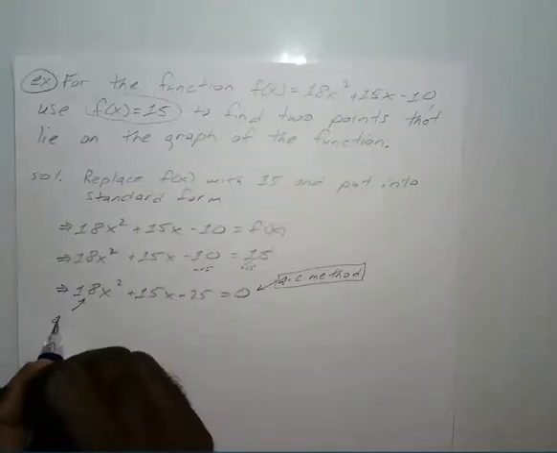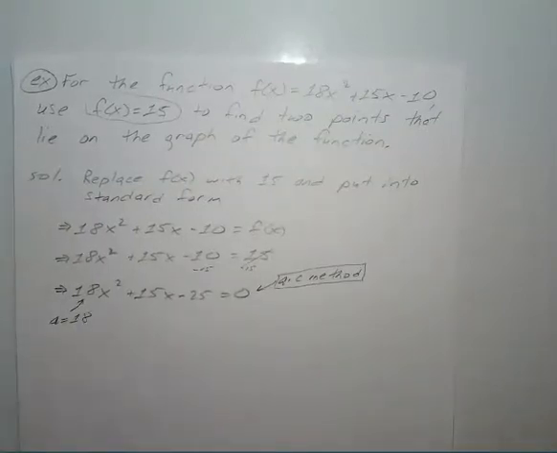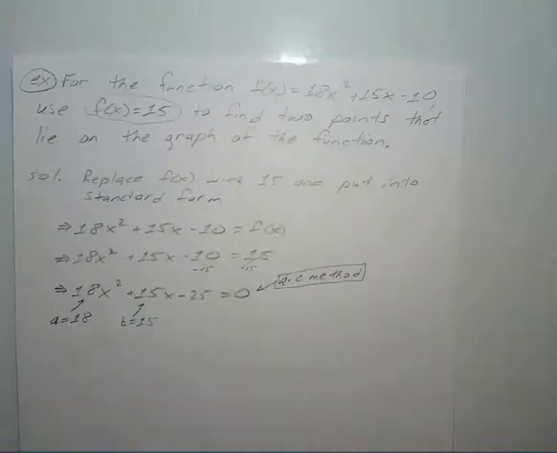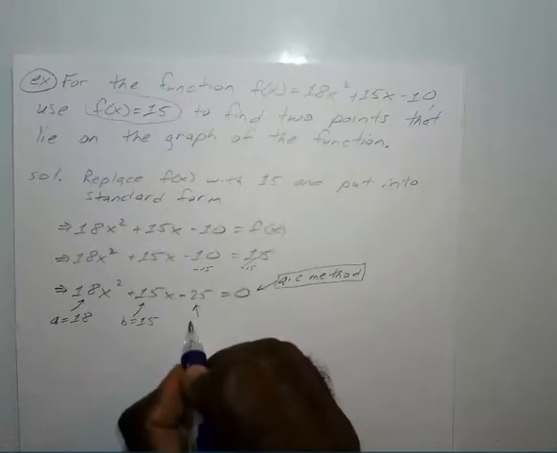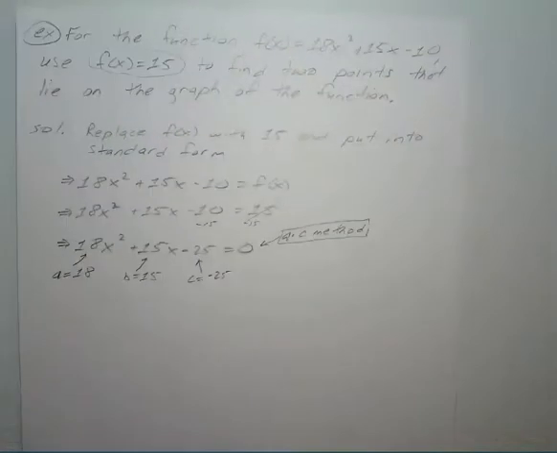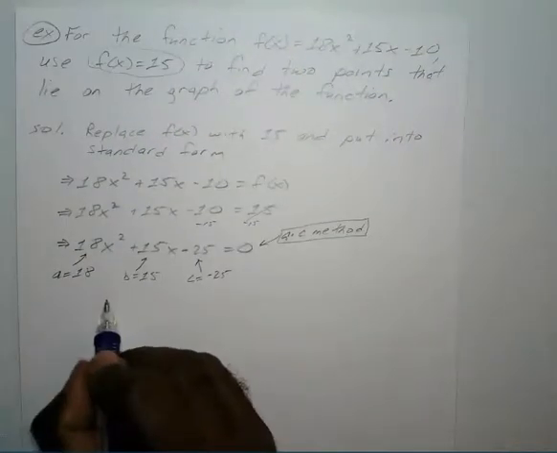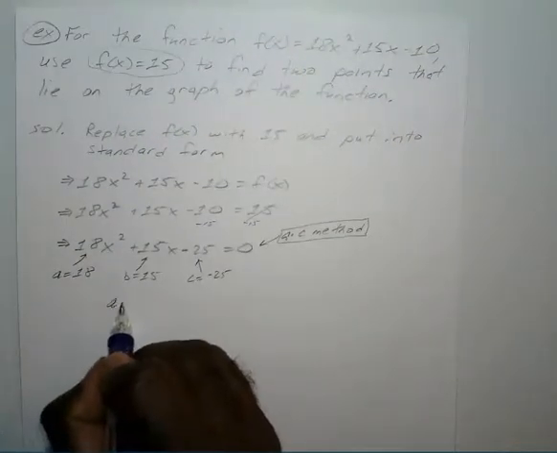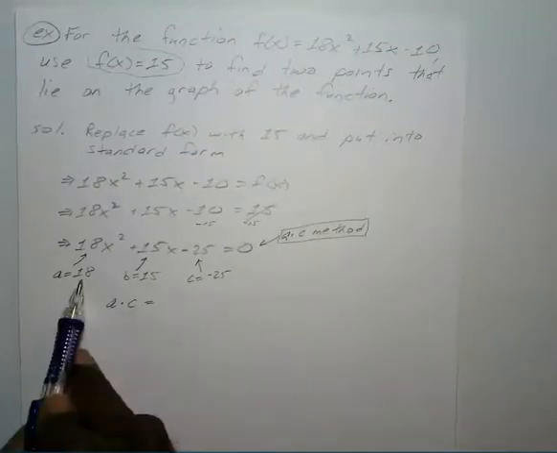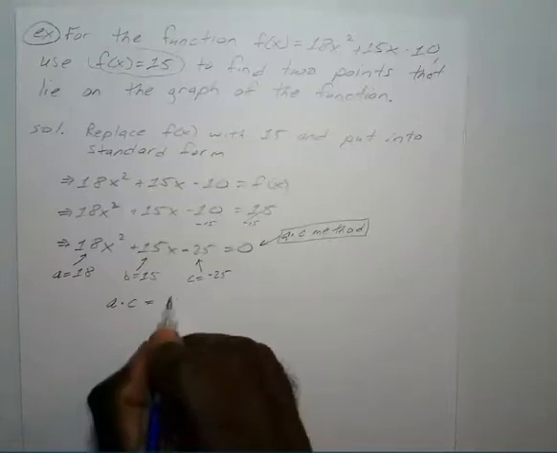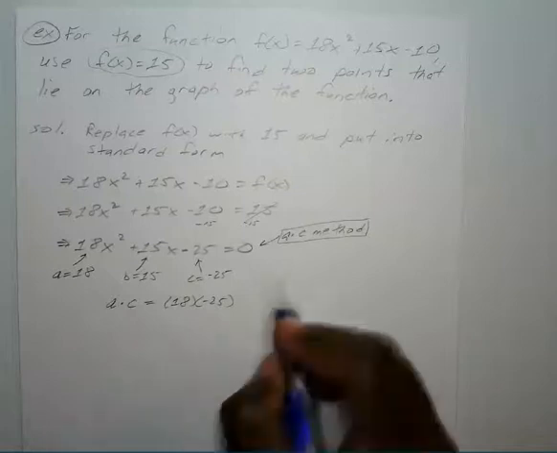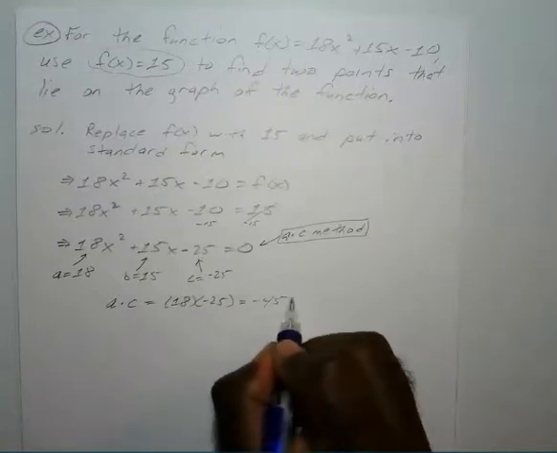So we'll let A equal 18, B is equal to 15, and C is equal to negative 25. The A times C method means first we have to find A times C, which is 18 times negative 25, which equals negative 450.